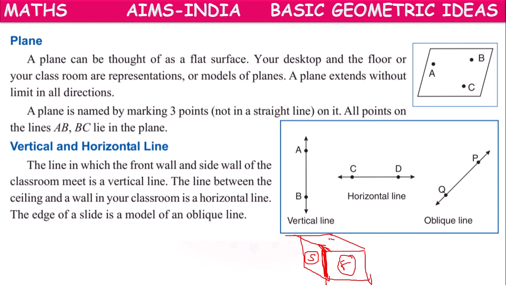And suppose this is the ceiling: the line between the ceiling and side wall is considered a horizontal line.